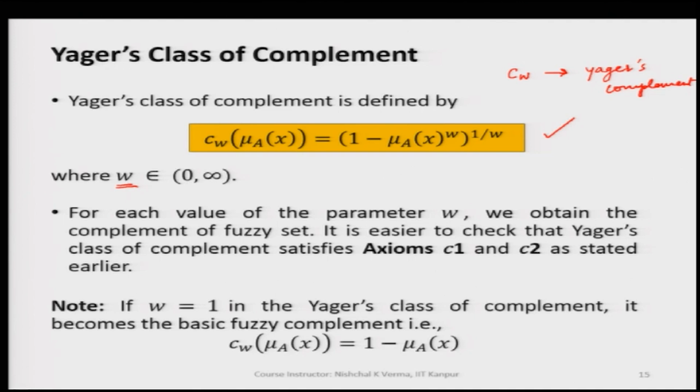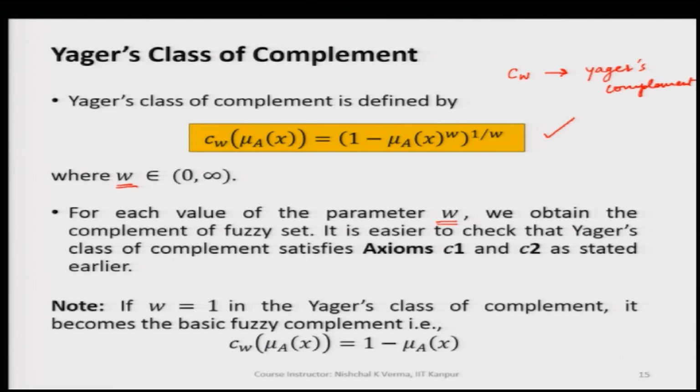So, for each value of the parameter W, we obtain a complement of the fuzzy set, and it is easy to check that Yager's class of complement satisfies the axioms C1 and C2 that we have just discussed. And here also, if we take W equal to 1, we land up with the basic fuzzy complement.